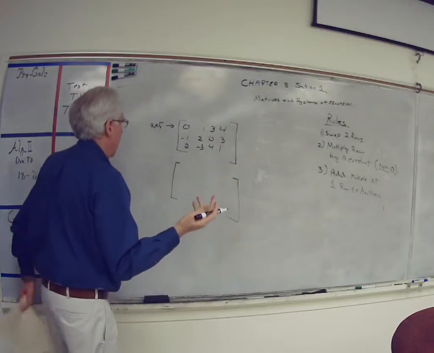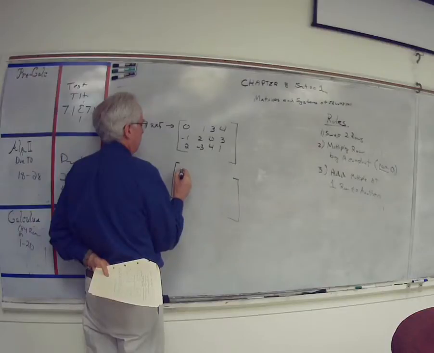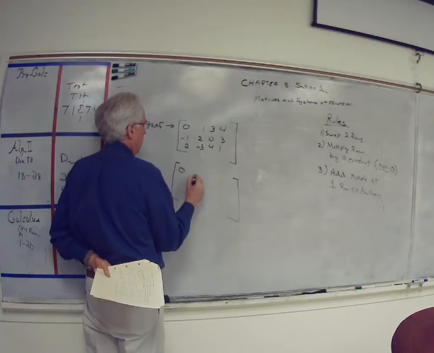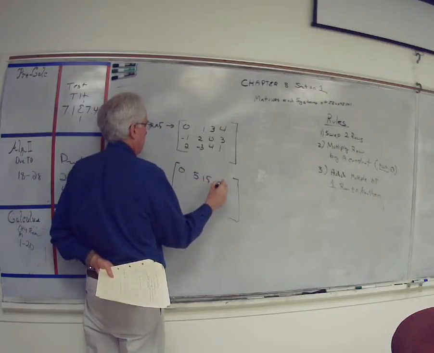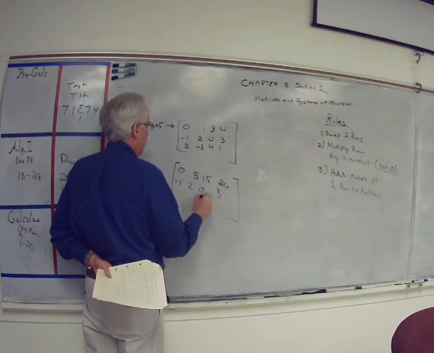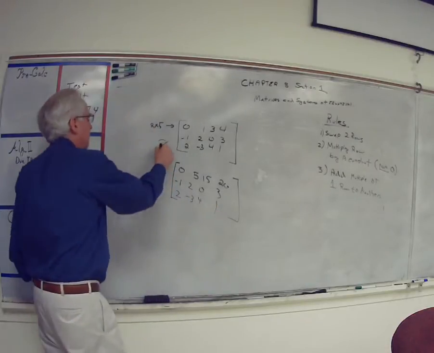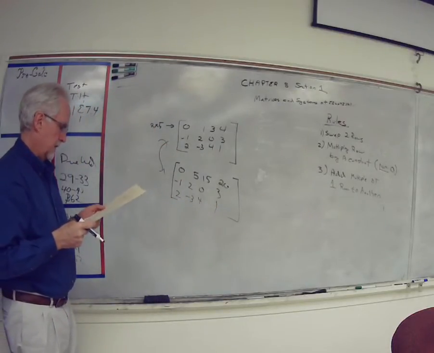Yes. Amy Grace, what would I end up with if I multiplied row 1 by 5? So you'd have 0, 5, 15, 20. And then minus 1, 2, 0, 3, 2, minus 3, 4, 1. Those are still equivalent because I followed a rule.